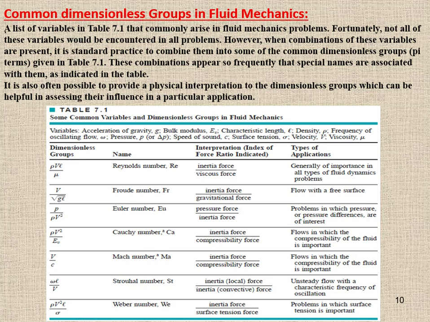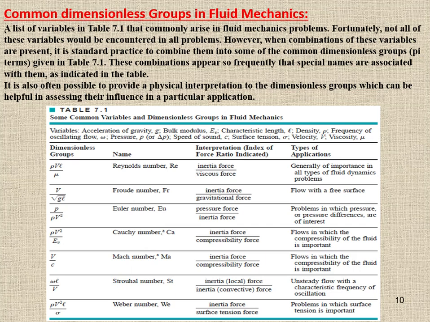However, when a combination of these variables is presented, it is standard practice to combine them into common dimensionless groups. That is called pi terms, given in the table. Whenever we deal with practical problems, some variables are repeated and some are not, but in most cases the repeated variables form particular dimensionless groups.